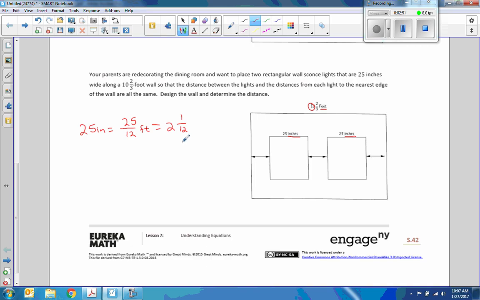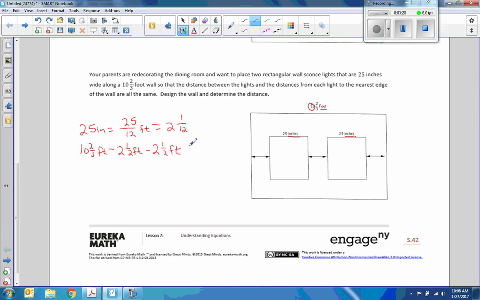Okay, then I can take. Now I've converted 25 inches to feet, so you can go that direction, or you can go from feet to inches. So let's just do this first. So now I have 10 2/3 feet, not equals, minus, so we're taking the total, minus the 2 1/12 feet for one poster, minus 2 1/12 feet for the second poster.